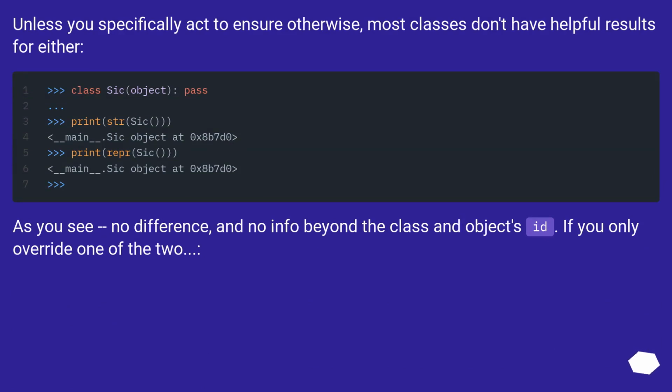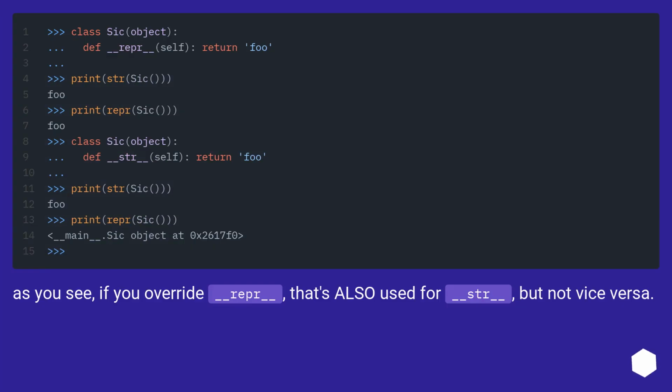As you see, no difference, and no info beyond the class and object's ID. If you only override one of the two, as you see, if you override __repr__, that's also used for __str__, but not vice versa.